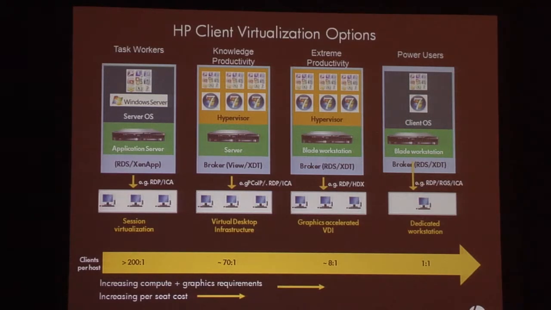Our extreme productivity workers, we're now doing some things around sharing the graphics card. We're actually doing pass-through to the physical hardware to allow them to get the graphics performance they're looking for. But again, the density on that solution is better than it was, because alternatively we only had the one-to-one solution up until about a year ago.